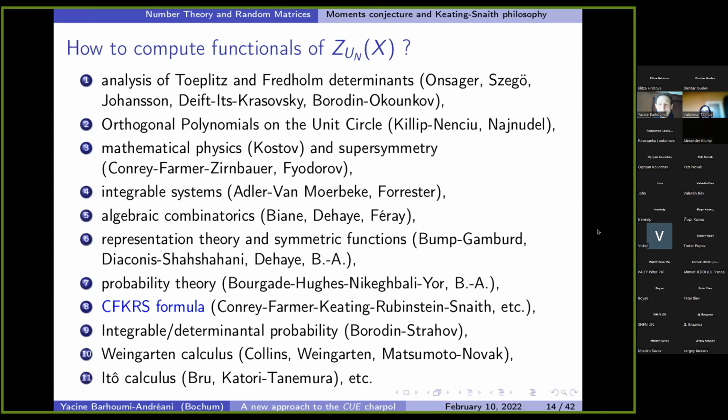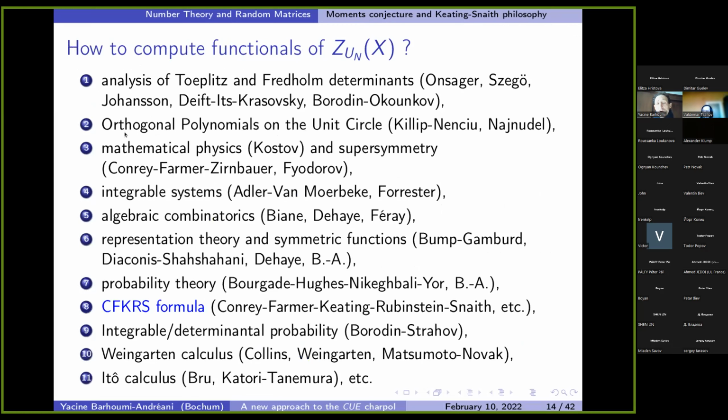Well, you have a lot of techniques for that. For instance, this formula of Weyl on integration can be related with Toeplitz and Fredholm determinants. This is a very simple manipulation. So you can express functionals as Toeplitz or Fredholm determinants.